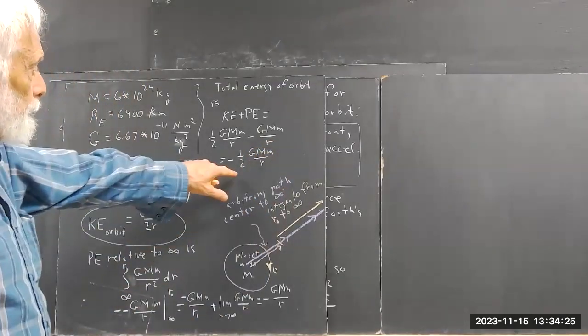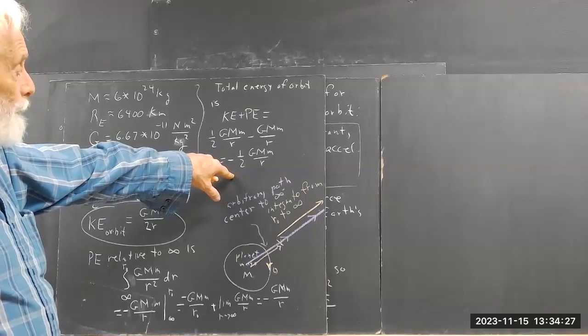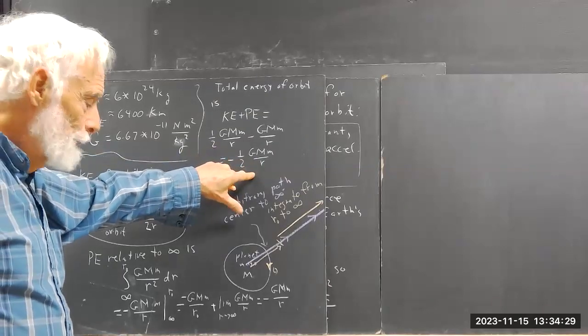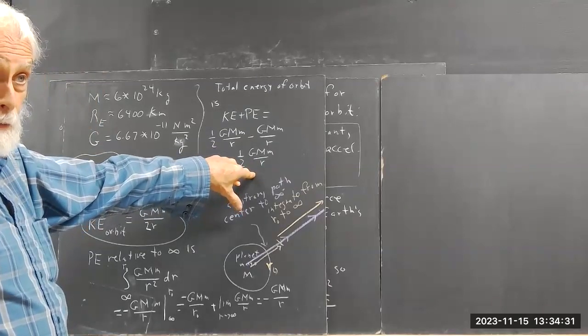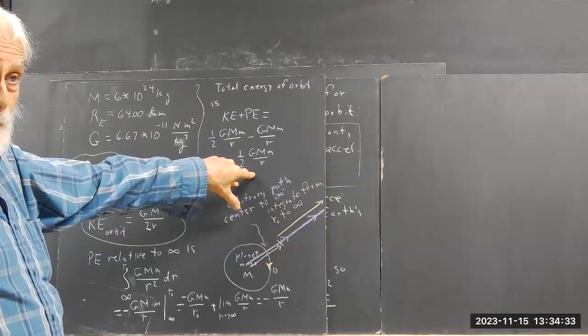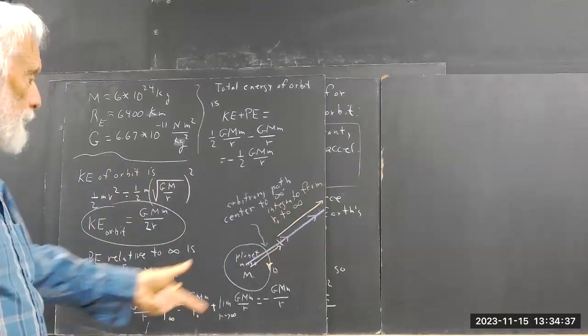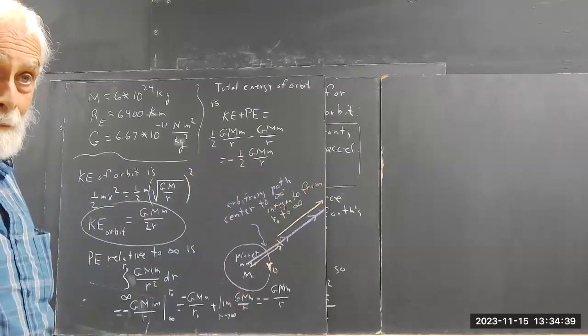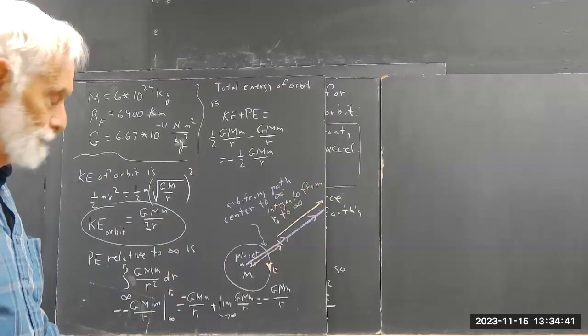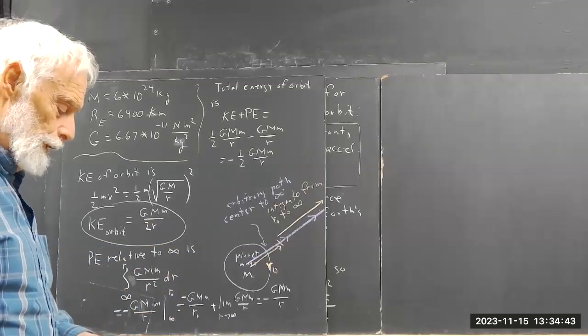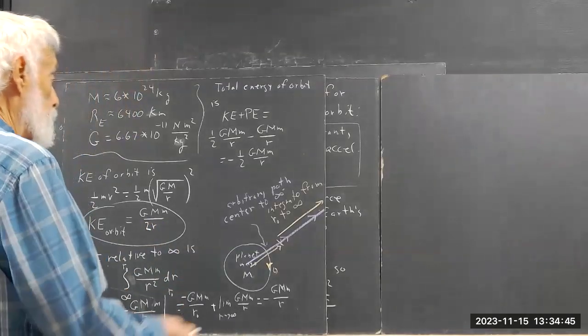It's this. Its magnitude is half the kinetic energy, but it's negative. Now, why is it negative? Well, because of the integral that I confused. But we'll straighten that out at some point. I want to move on with this.